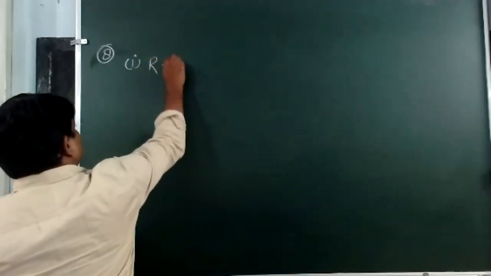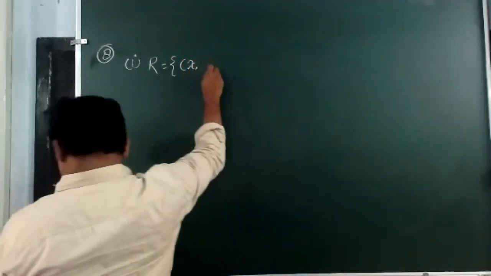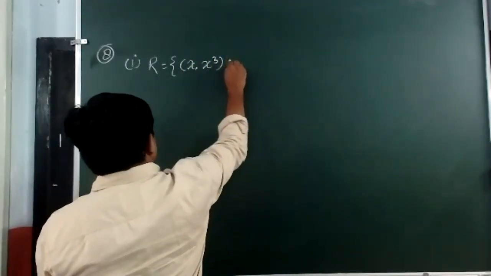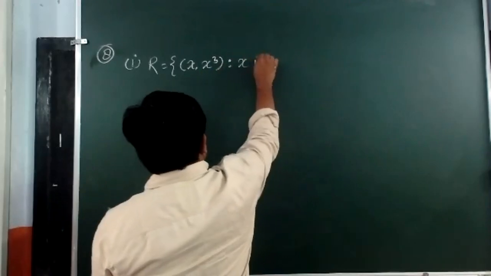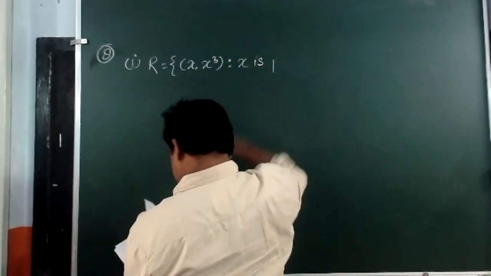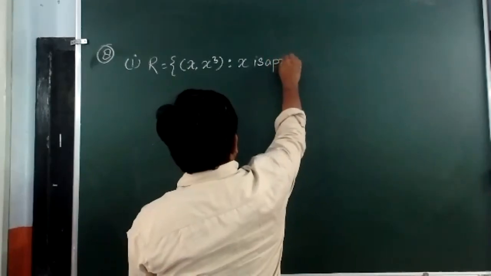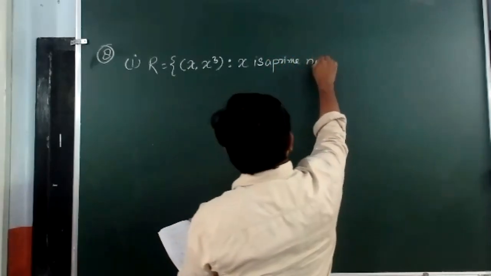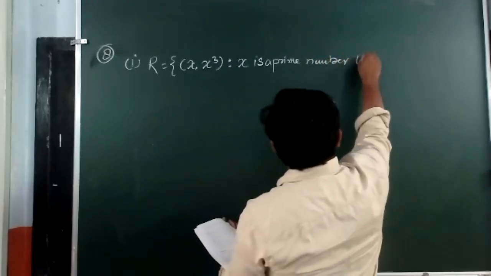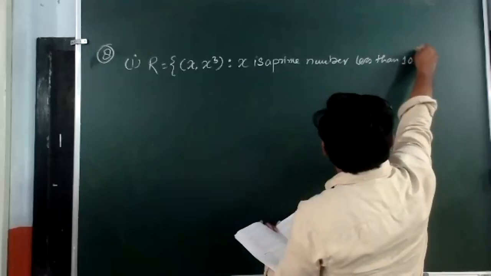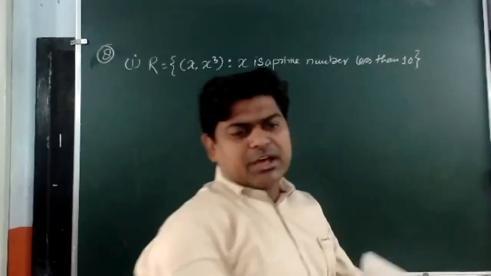R is equal to {(x, x cube) such that x is a prime number less than 10}.